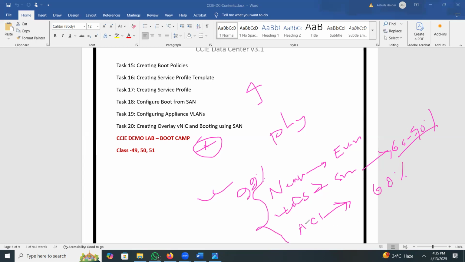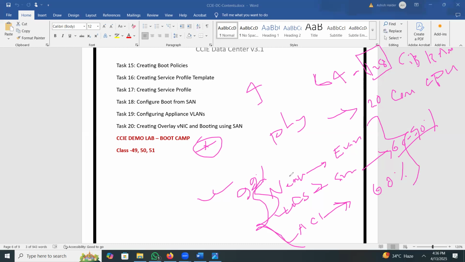But to implement this lab, you need a minimum of 64 GB to 128 GB RAM, 128 GB storage, and a minimum of 20 core CPU. If you have that, you can practice in your home lab. I will provide all the images, no problem, and show you how to set up the lab.